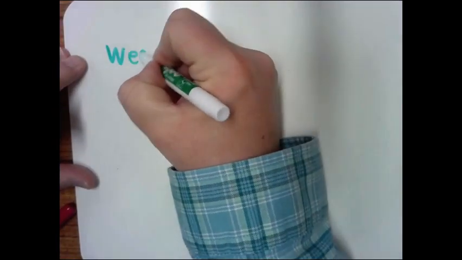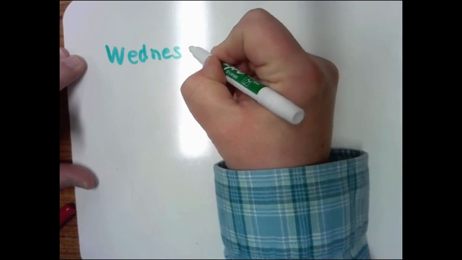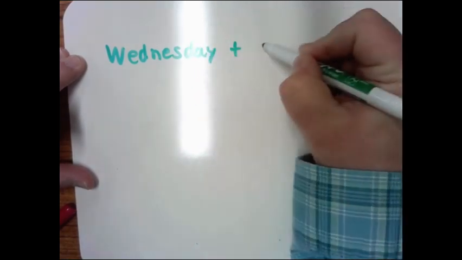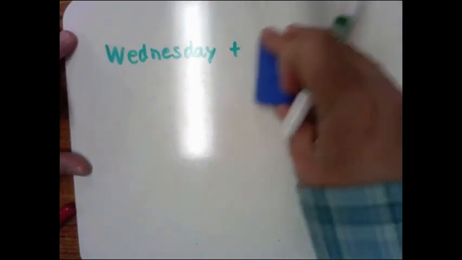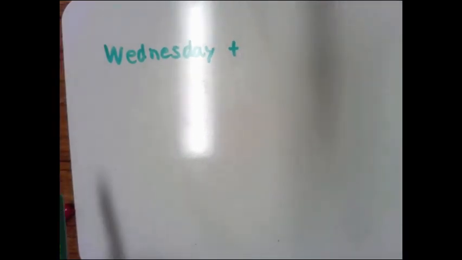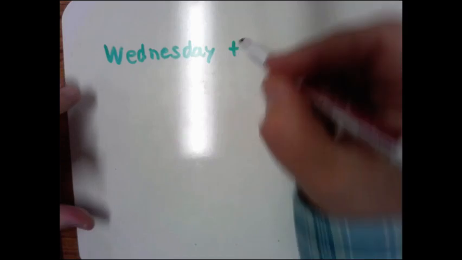So we've got to add the minutes she did on Wednesday to the minutes she did on Thursday. So what that looks like is, here we got Wednesday plus Thursday. Well, you know what? Let me put Thursday in a different color just to show the difference.